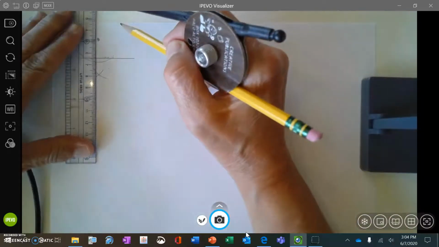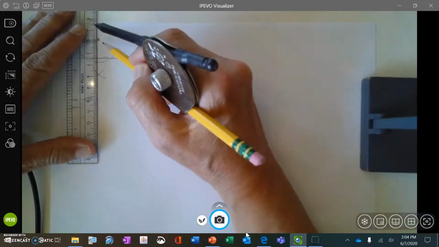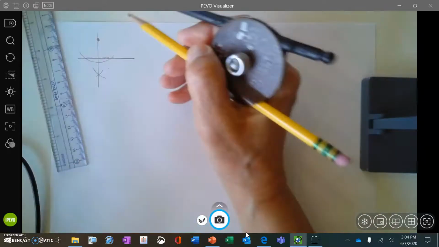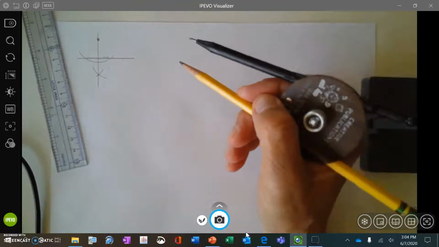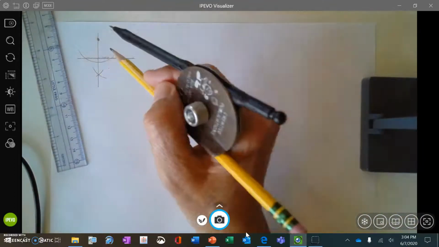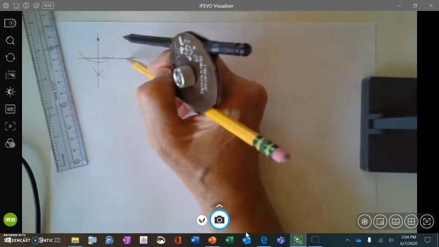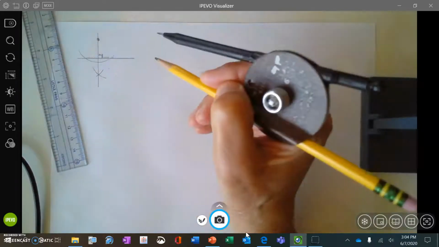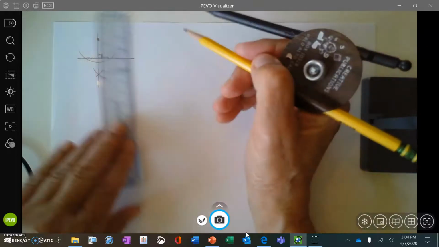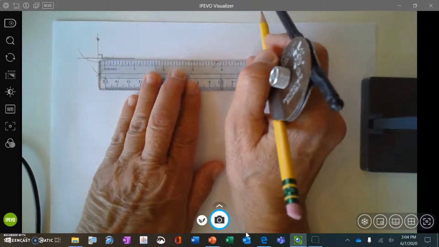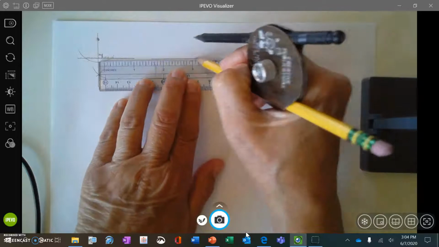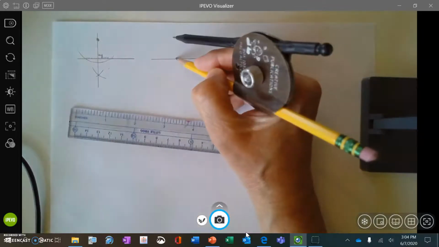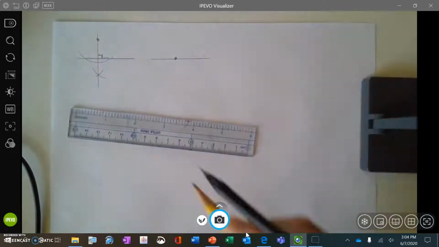I need 2 points to determine a line, so I connect those 2 points now, and that is the perpendicular bisector of the helping segment. But more importantly, it is perpendicular to the entire line itself. Okay, then the second construction of the day is, here is a line, and here is a point on the line.